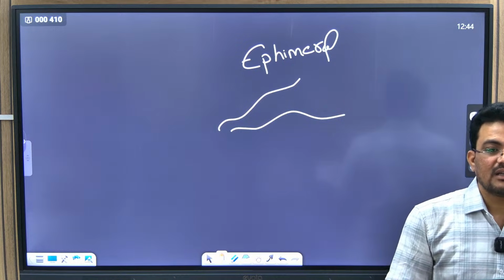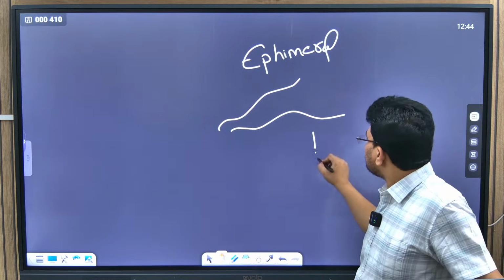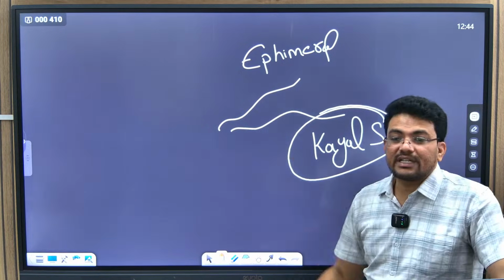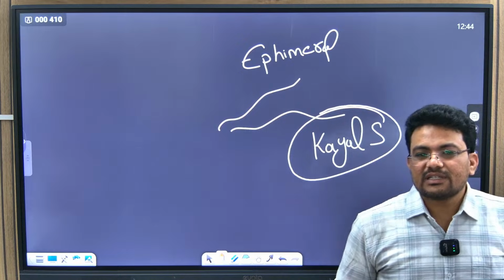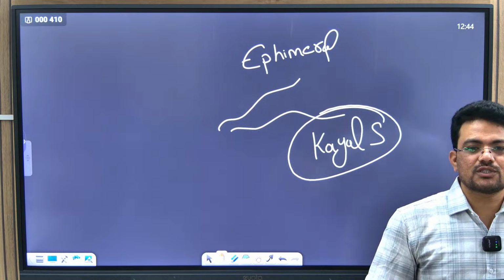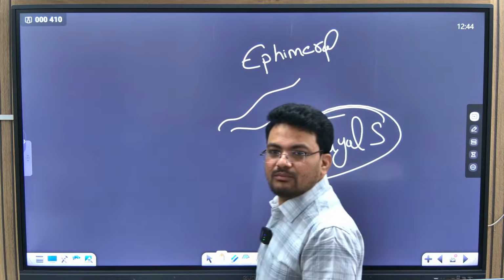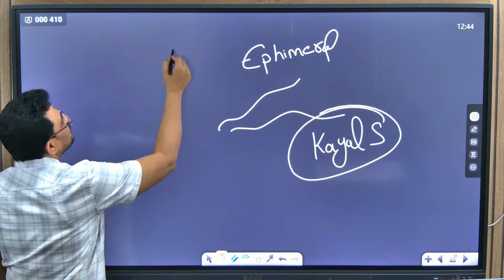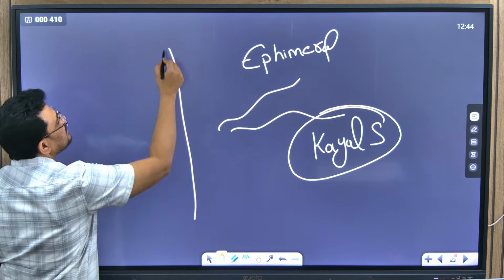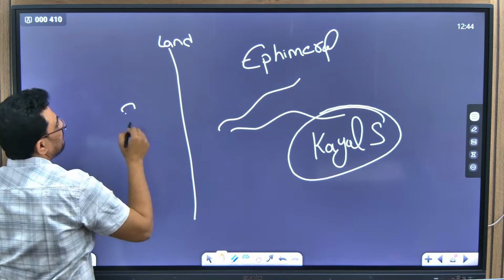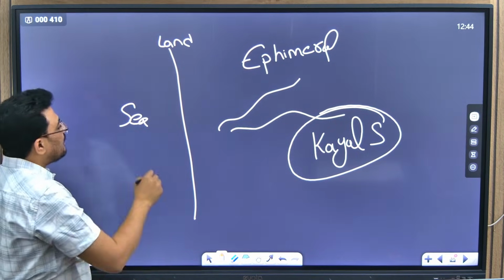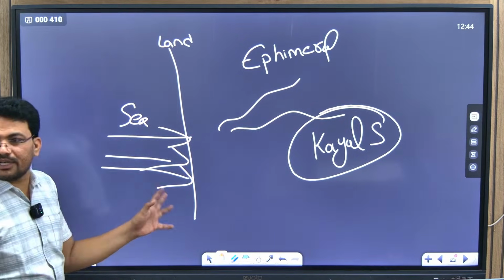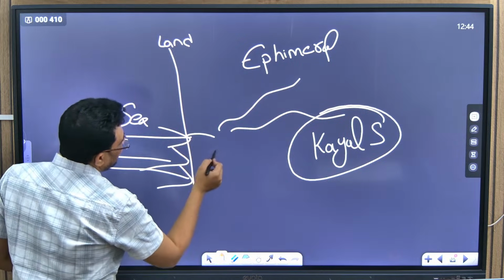Kayals are backwaters formed by the coast. Do you know how Kayals are formed? Imagine this is land and this is sea. The water, waves, currents and tides come to the coast, cross this land and come this side.